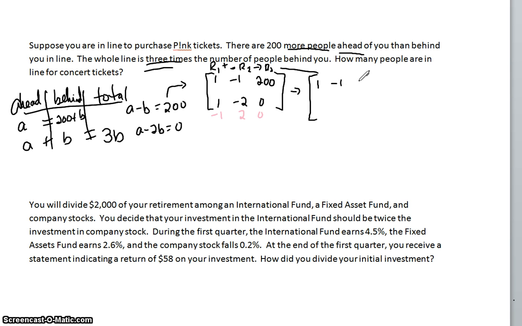Keep row 1 the same. 1 plus negative 1 is 0. Negative 1 plus 2 is 1. 200 plus 0 is 200. Okay, now I'm just going to add these two rows together. So I'm going to take row 2, add it to row 1, and replace row 1 with it. The bottom row is going to stay the same.